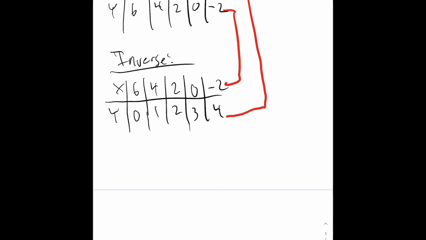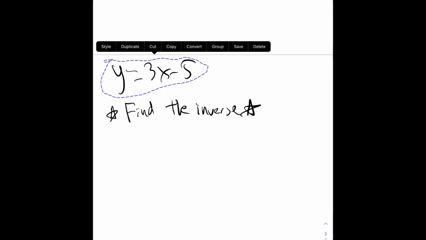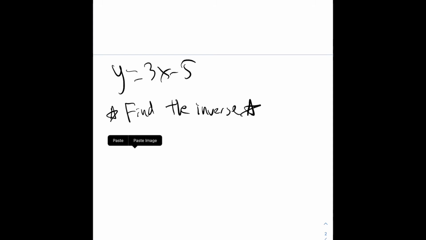So what that looks like in an example is if we have the equation y equals 3x minus 5, and I want to find the inverse, I'm going to take my original problem, but I'm going to flip-flop.